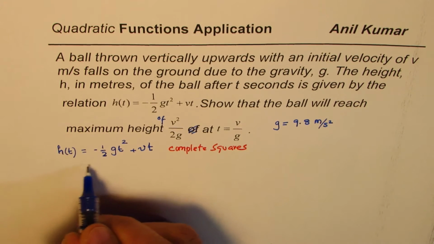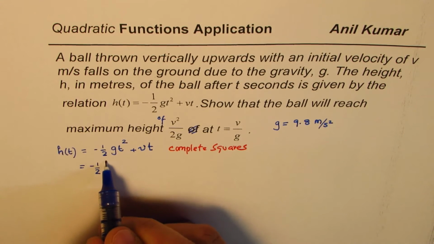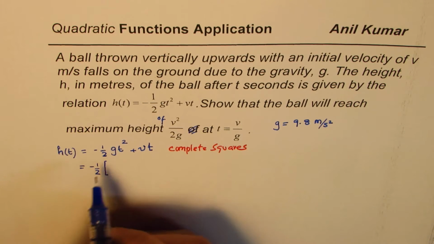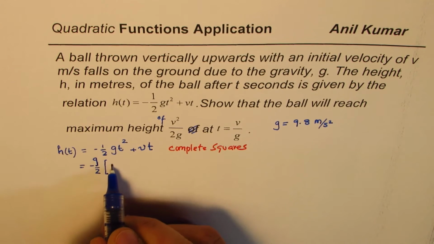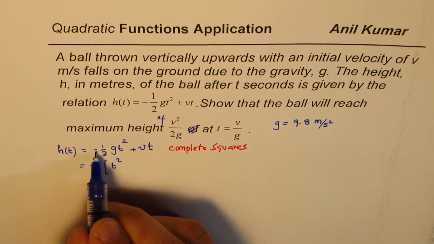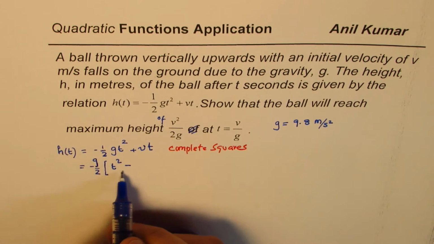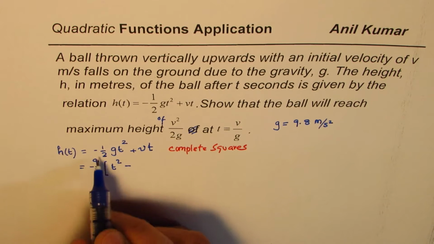The steps involved are: we take minus half common, and we are left with the coefficient g. So we are left with t square, minus taken outside to make it positive when you multiply, and then you multiply by 2 over g.